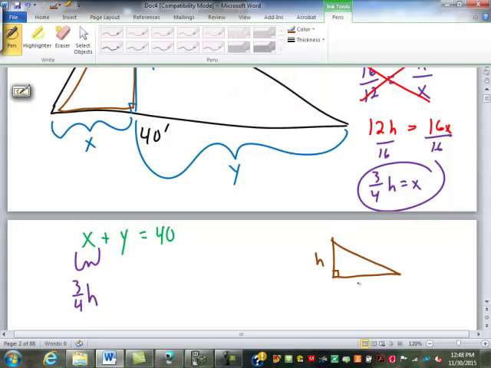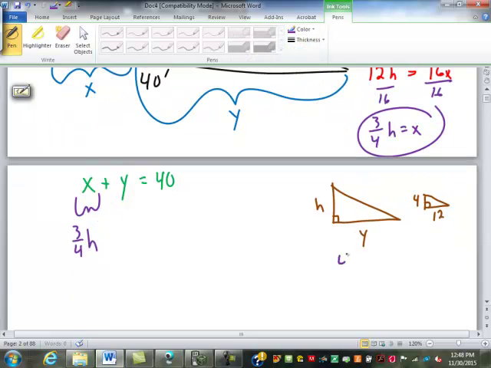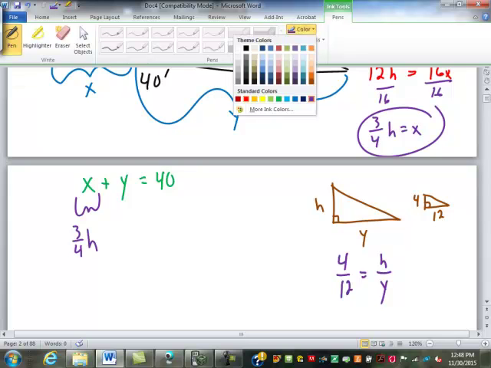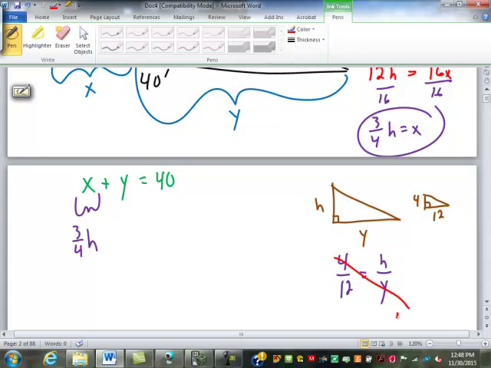I have my height here and I have y, and I know that relationship is a 4/12 slope. So I have that 4 over 12 equals h over y. So I cross multiply: 4y has to equal 12h.